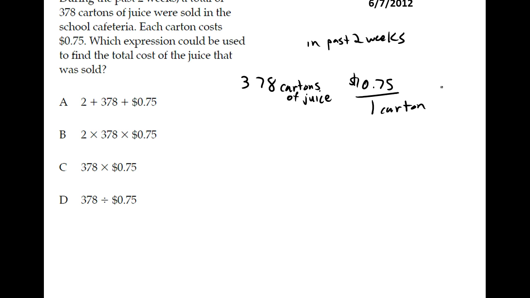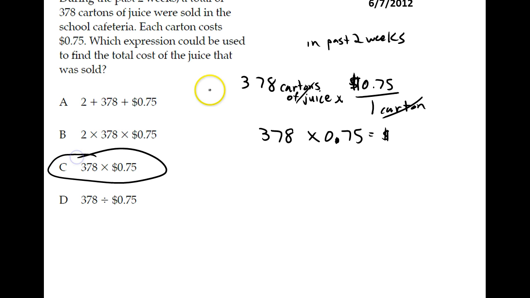The question is, which expression can be used to find the total cost of the juice? Basically, we're going to multiply. We take the 378, we multiply it by 0.75, and that would give us the total cost in dollars. That's all this question was asking, and so we choose letter C based off of that.